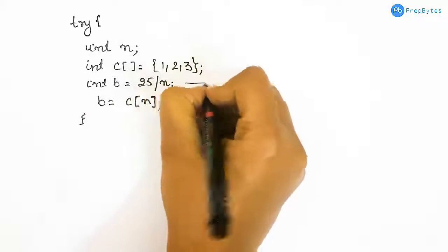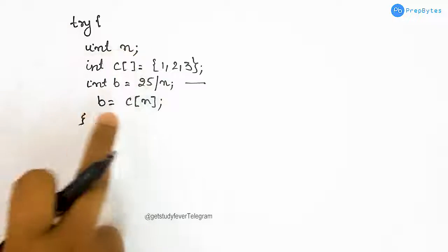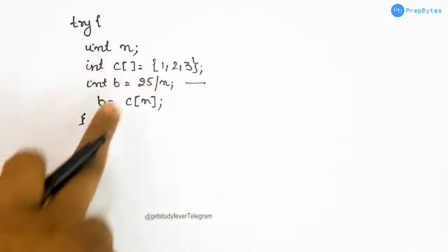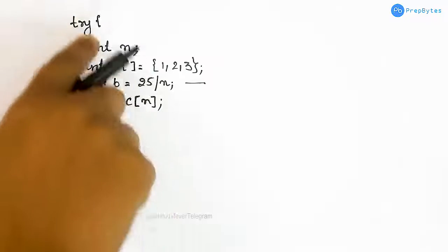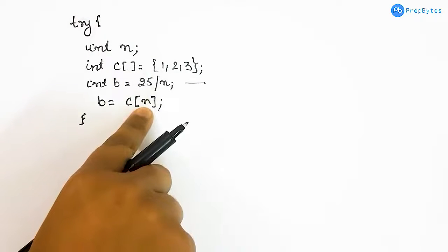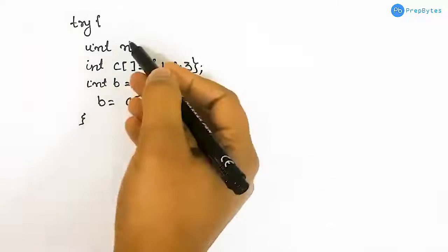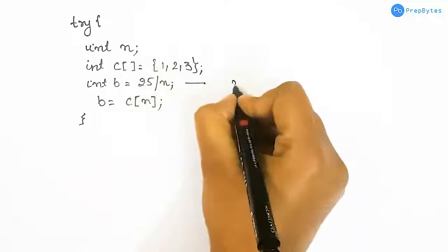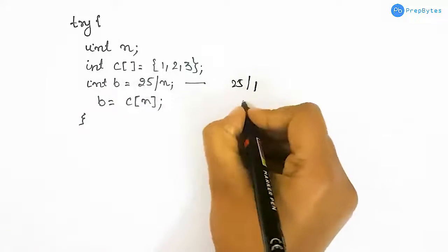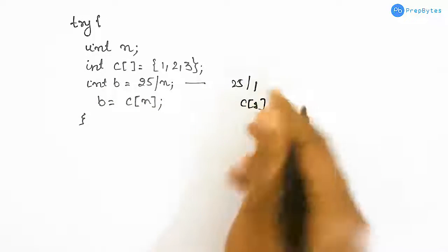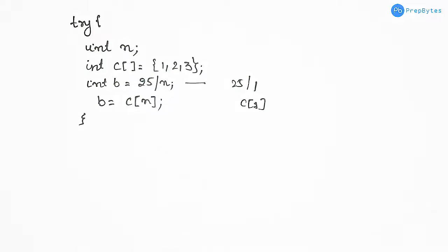One is a division operation: whatever n is, we will divide 25 by that n. And then we will try to find the element that is there at index n. So if n is 1, we will do 25 by 1, and then we will do b is equal to c of 1, and in our case c of 1 is 2. So this is what we are trying to do.